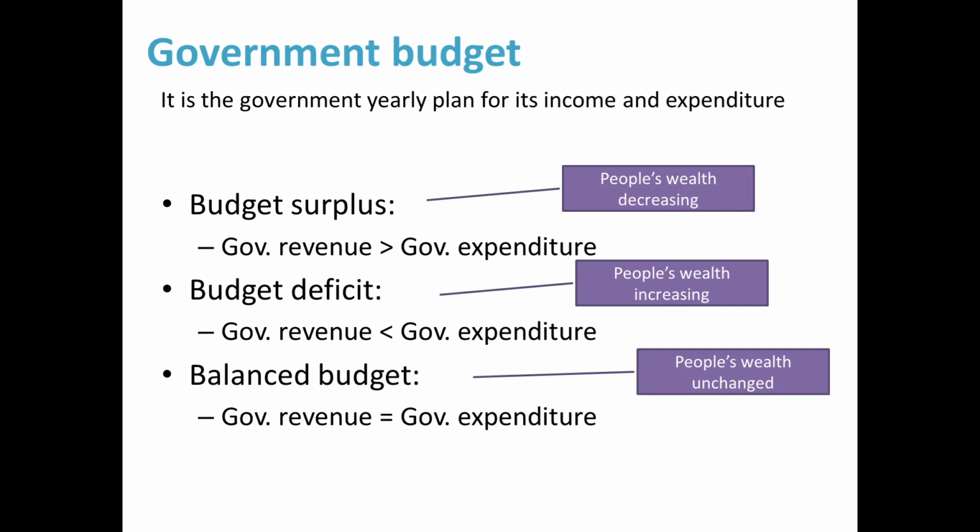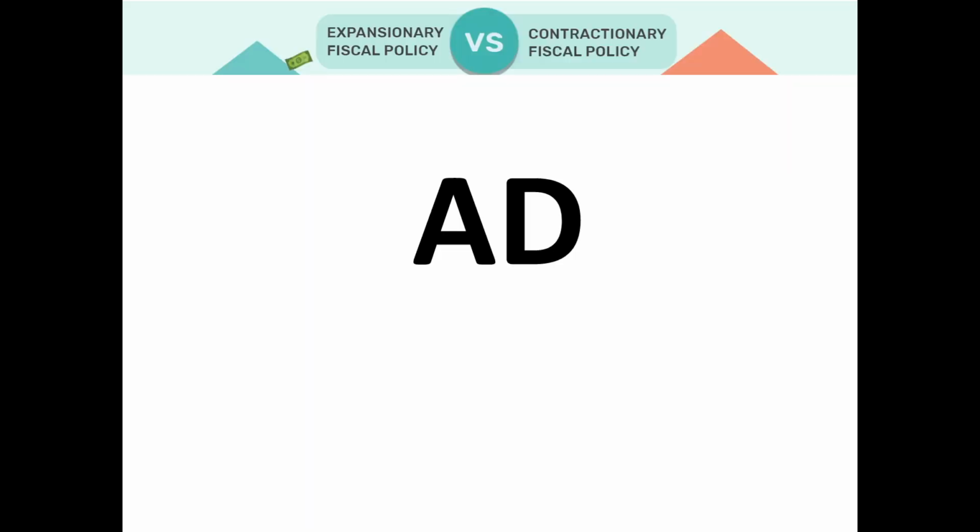So now I'm going to give you two more terminologies. There are many terminologies here, and they are expansionary fiscal policy and contractionary fiscal policy. Both of them will affect the AD differently. So here, have a guess. What do you think expansionary fiscal policy will do to the AD?